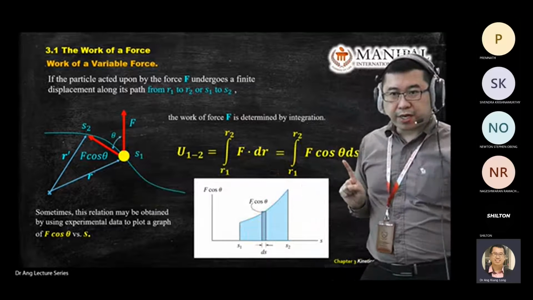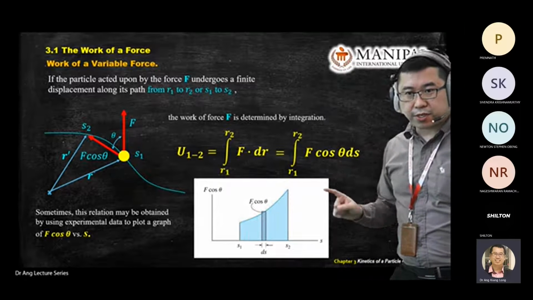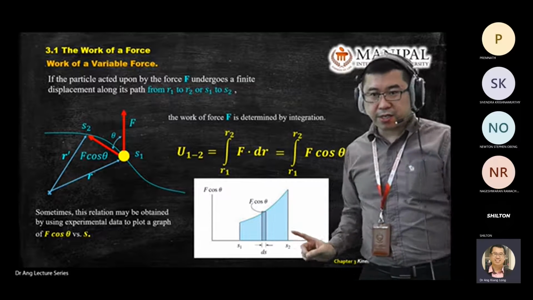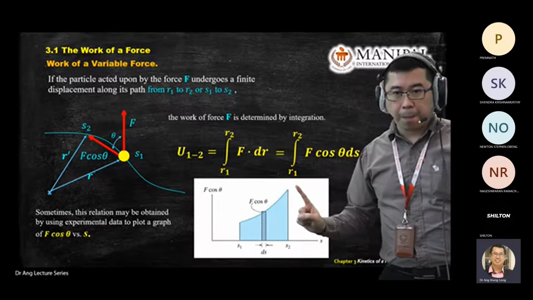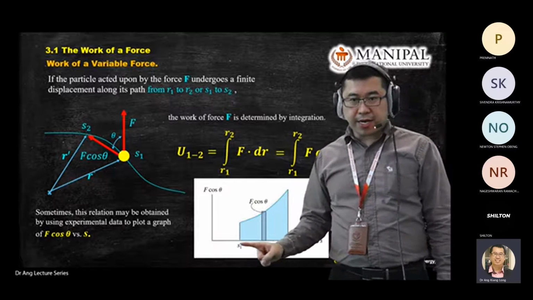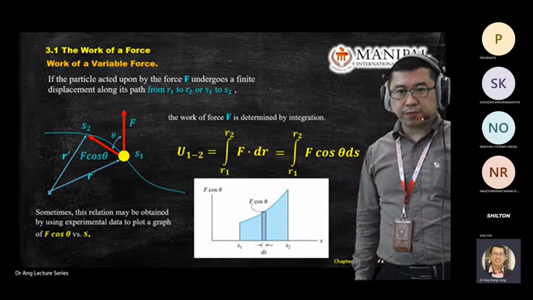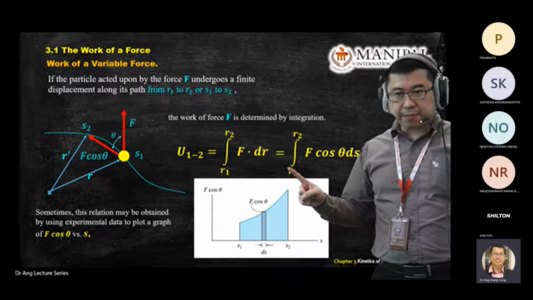So when you plot the graph of force cos theta versus s, you get a curvature graph here, right? And this is your S1, this is your S2. Again, I think I have a typo here.